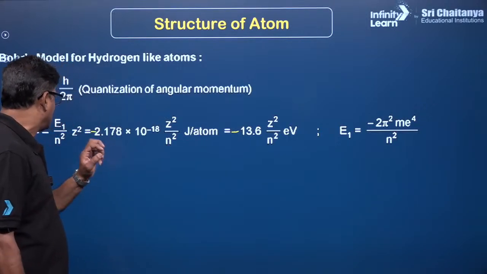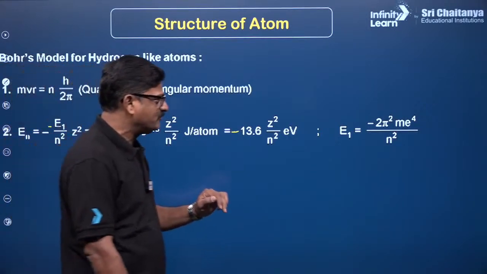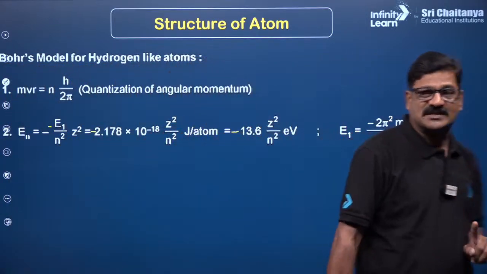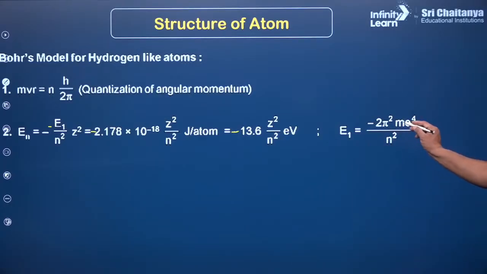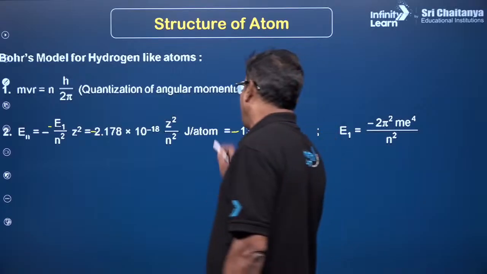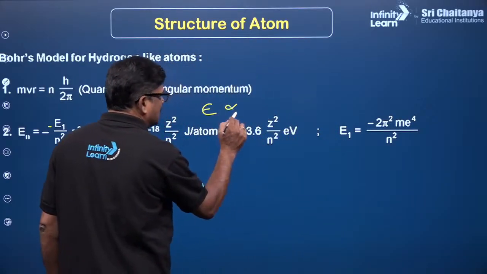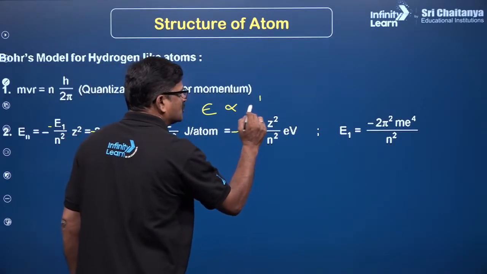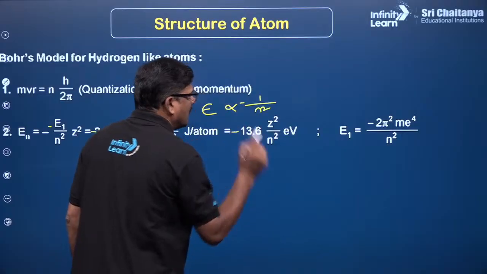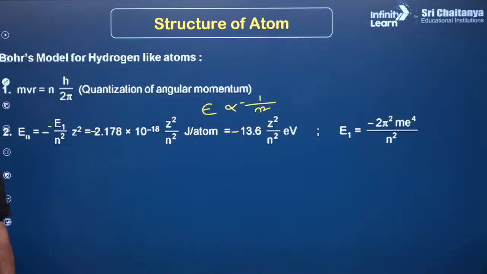The energy of the electron is always negative within the atom, and that expression is given as minus 2 pi square m e to the power 4 by n square. The energy of the electron is inversely proportional to n square and directly proportional to Z square.